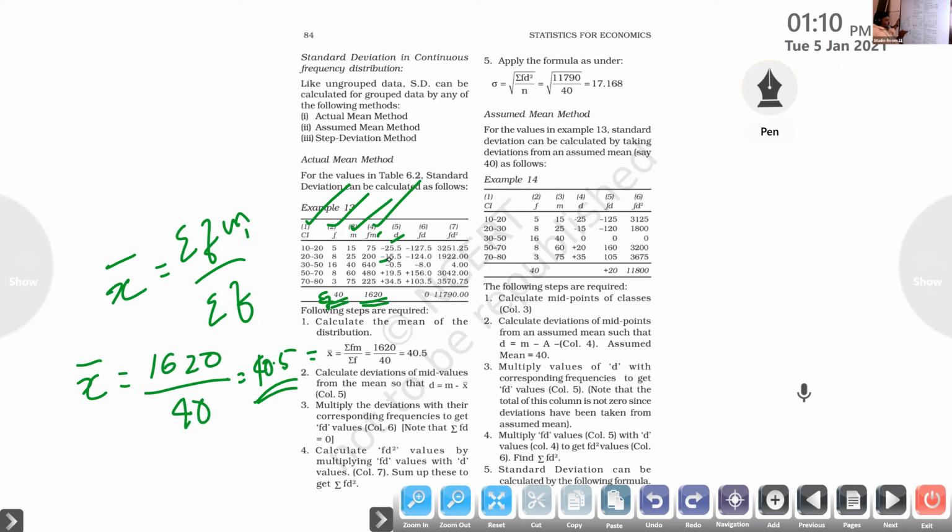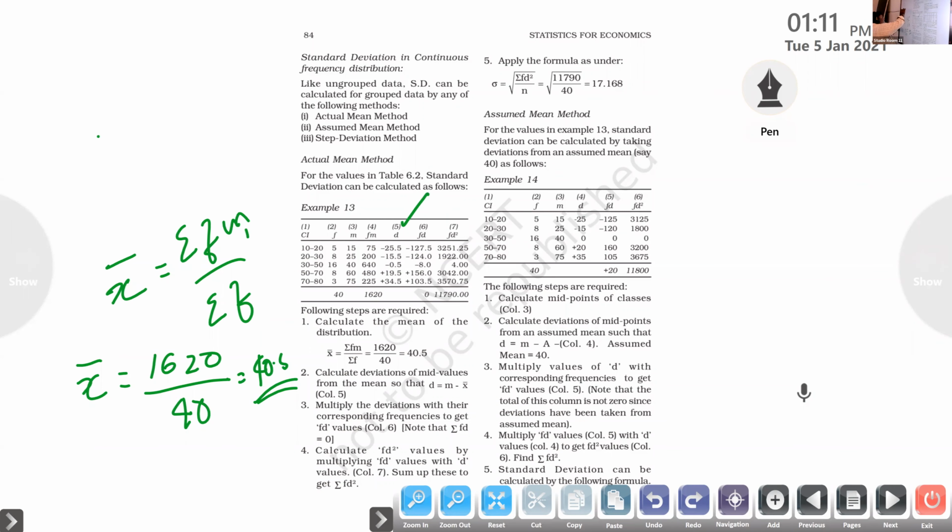Observe here. Next one, 75 minus 40.5, plus 34.5. So this is what the D is here: negative 25.5, negative 15.5, negative 0.5, 19.5, 34.5. These are the deviations from the midpoint. To get the D, we want to find out the difference between the midpoint and the actual mean.